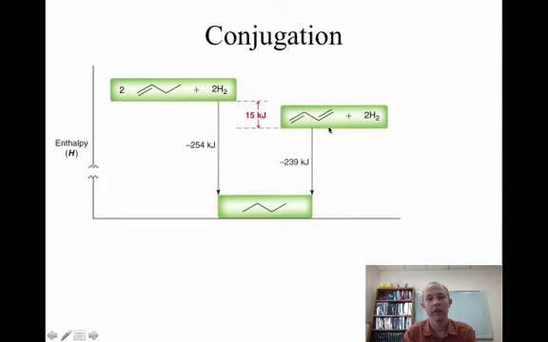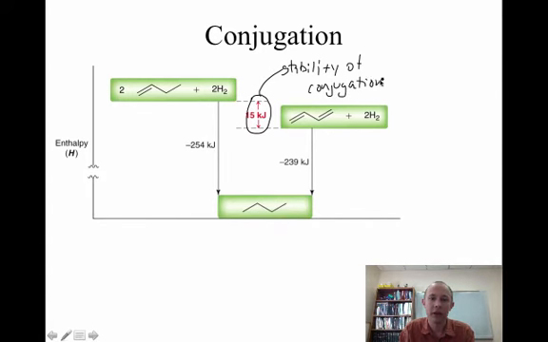But then if we hydrogenate 1,3-butadiene, then we get only 239 kilojoules of energy out. So the difference here, this 15 kilojoules of energy difference, is stability associated with conjugation.